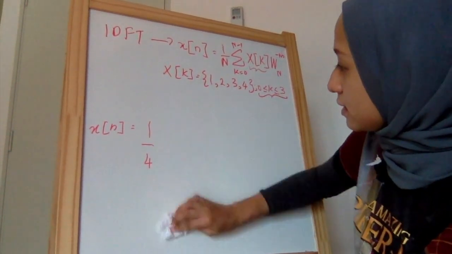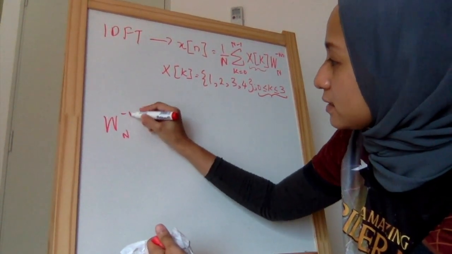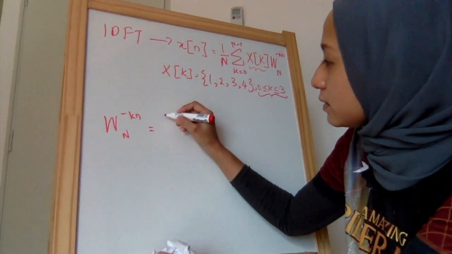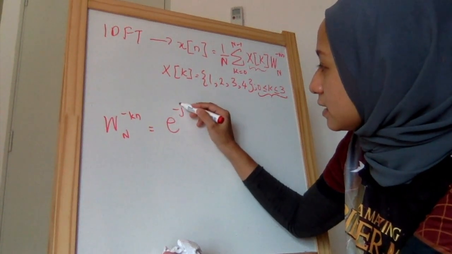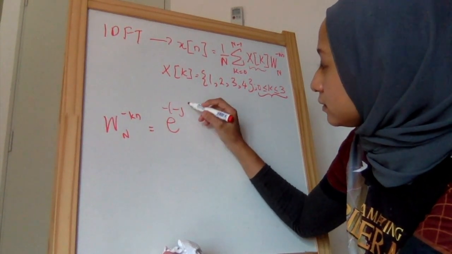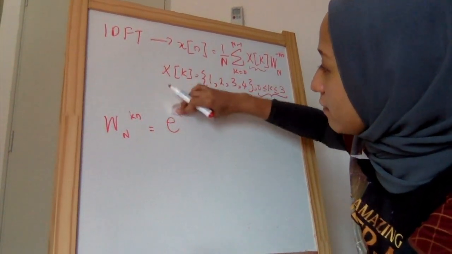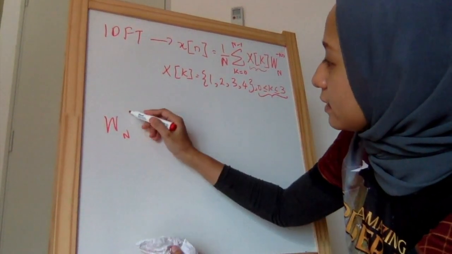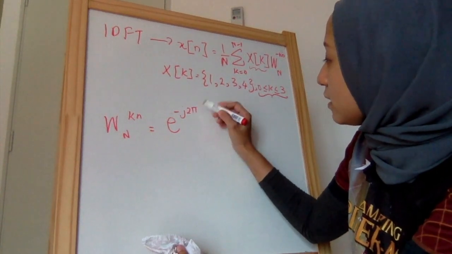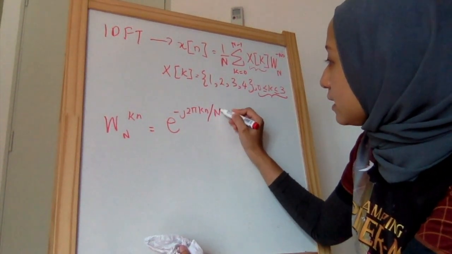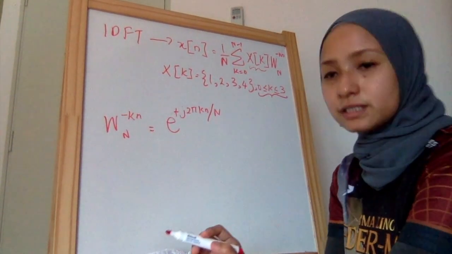WNKN, the same thing. For example, you have W_N minus Kn, so this one is equal to exponent minus J 2 pi Kn over capital N. So if we have minus here, this one becomes positive.